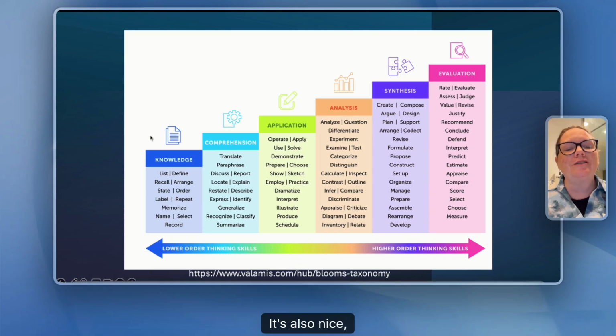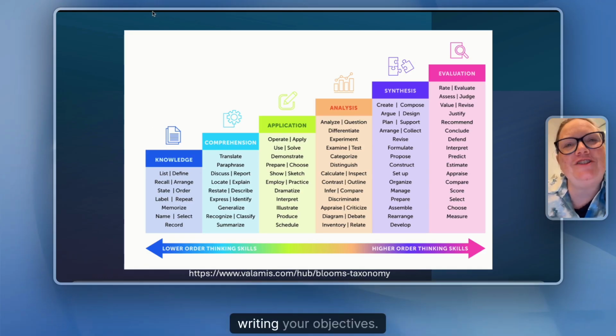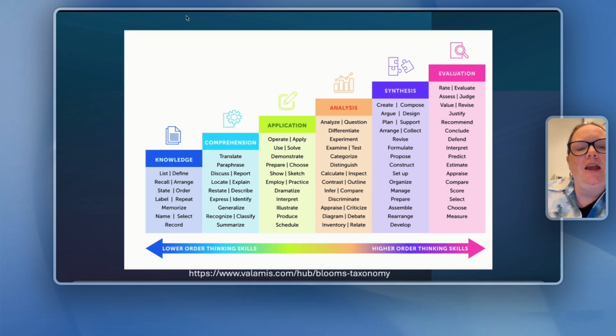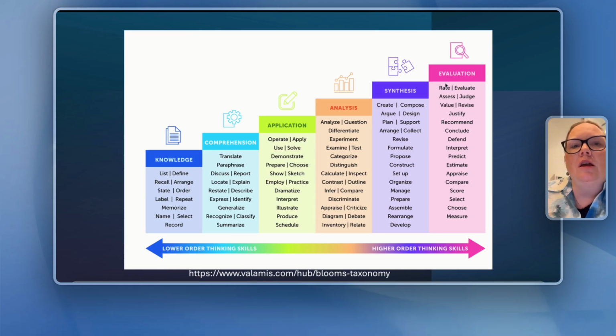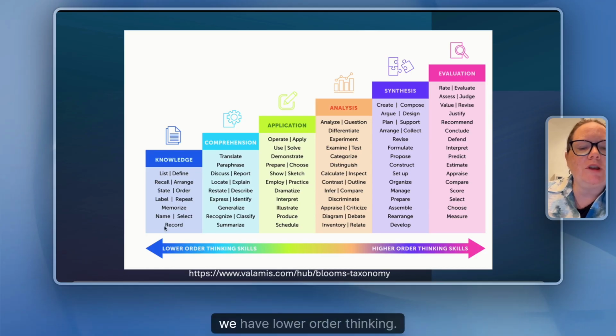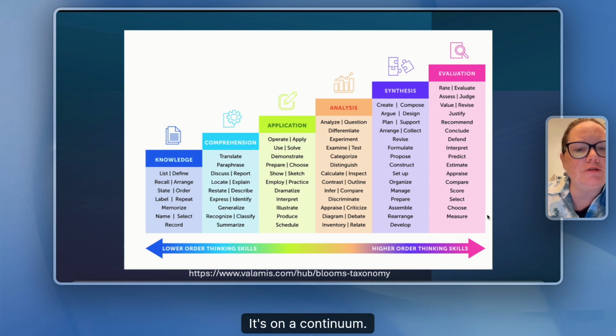It's also nice, frankly, just to have a big list of verbs when you are writing your objectives. So we have, again, see, notice these have different titles from the previous slide. But in general, we have lower order thinking, higher order thinking. It's on a continuum.